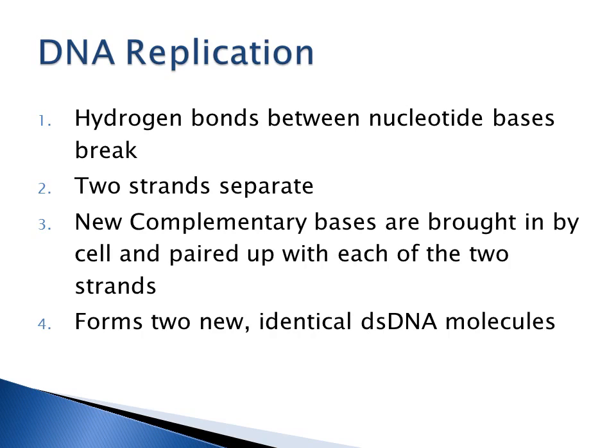These must break so that your double helix breaks apart. Those two strands separate. Then you get new bases that are complementary to each strand, and they are paired back up, so now you have two identical double-stranded DNA molecules.